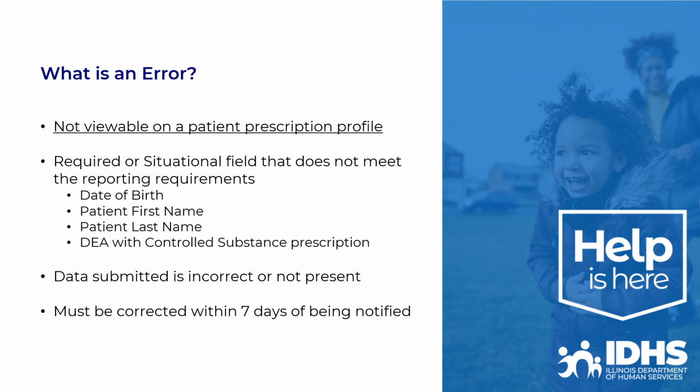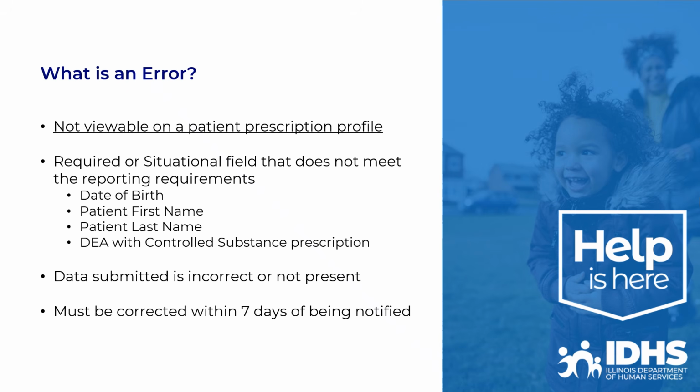An error is a prescription record that has incorrect or missing data within a required or situational field. These incorrect or missing data fields are required to have a complete depiction of a patient, drug, prescriber, and pharmacy for that prescription. These prescriptions are not viewable in a patient's ILPMP profile and must be corrected within 7 calendar days of being notified.